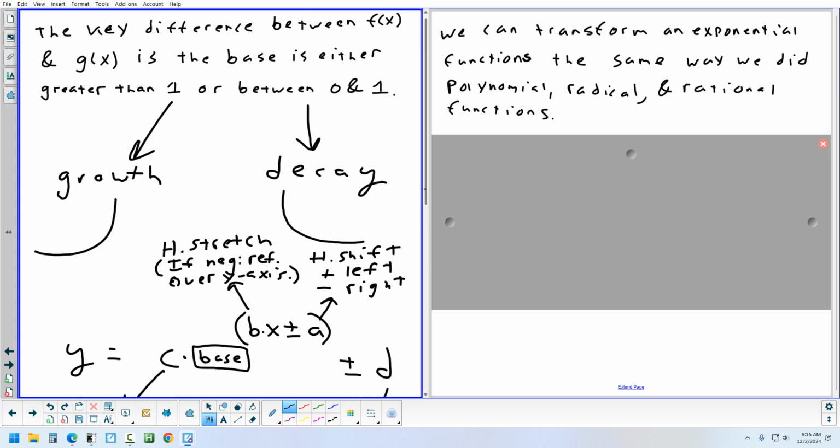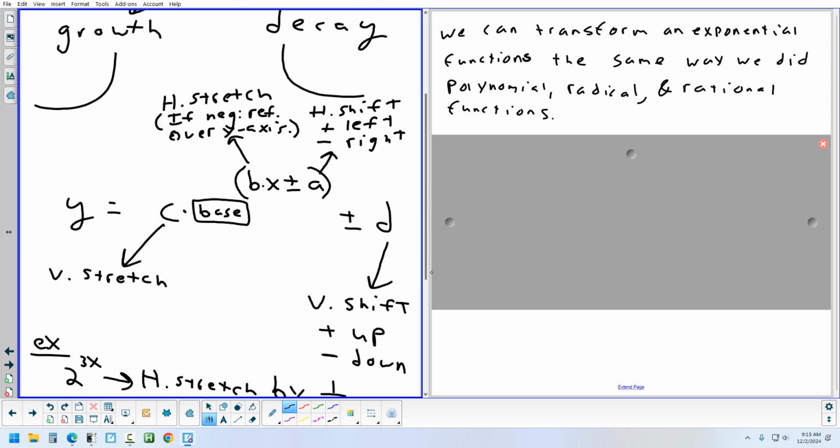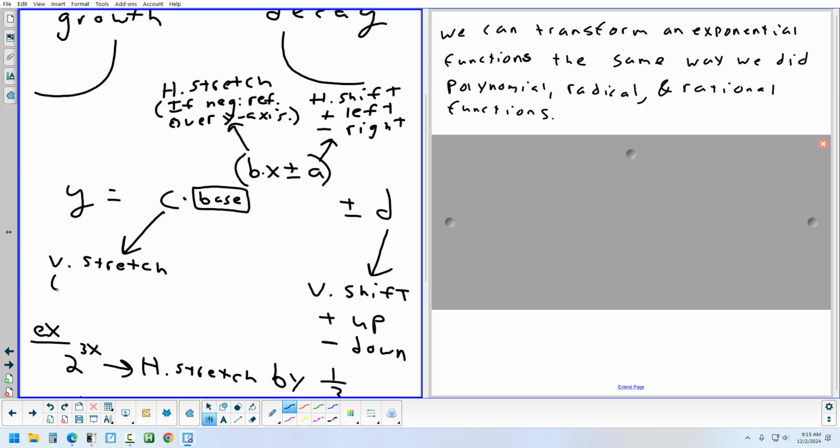And what about C? If negative, reflect over, what do you think would happen if C is negative? X-axis. Yep. So a reflection over the x-axis would look like this. It would be like the top one versus the bottom one.